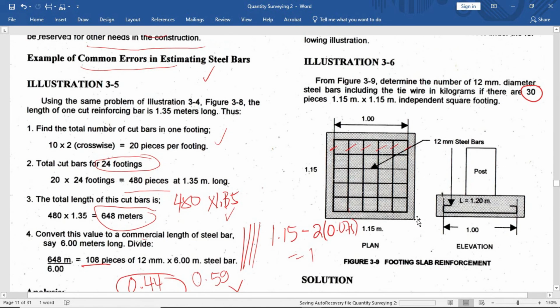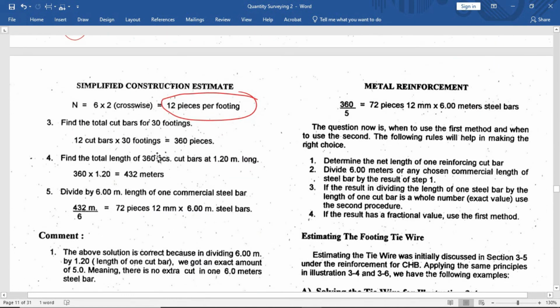So, since there are 30 pieces of 1.15 meters na square footing, there are 30 footings. So, 12 cut bars times 30 footings, lalabas is 360 pieces.